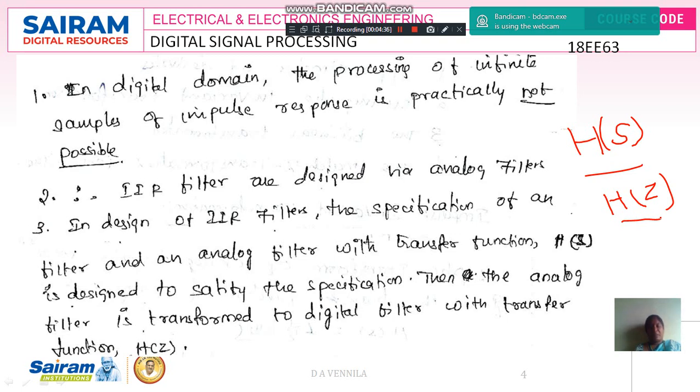But in our syllabus, only two techniques are given, impulse invariant technique and bilinear transformation technique. By using these two techniques, we are going to convert the analog filter to a digital filter.